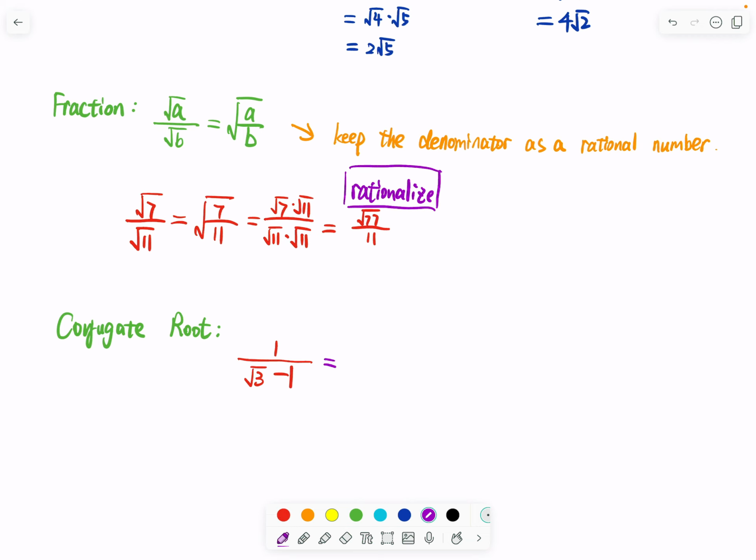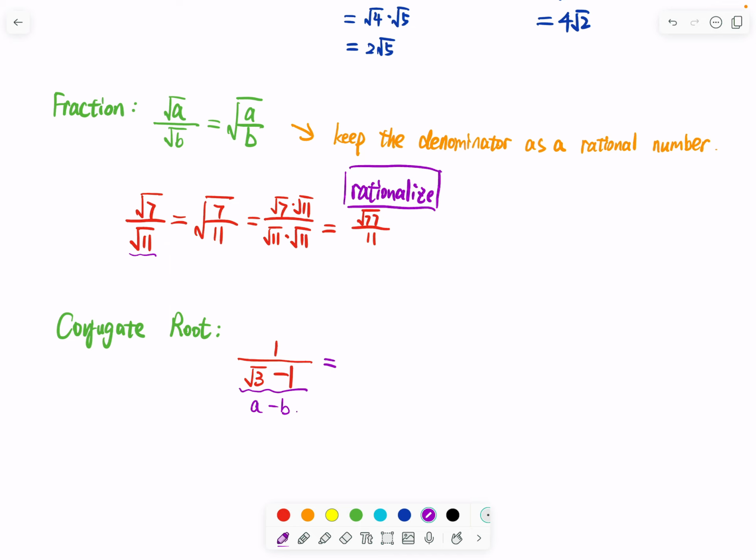Think of this as a minus b. I only want to cancel this root 3. On the previous one, I just multiplied by root 11. Here, we want root 3 times root 3 to equal 3.